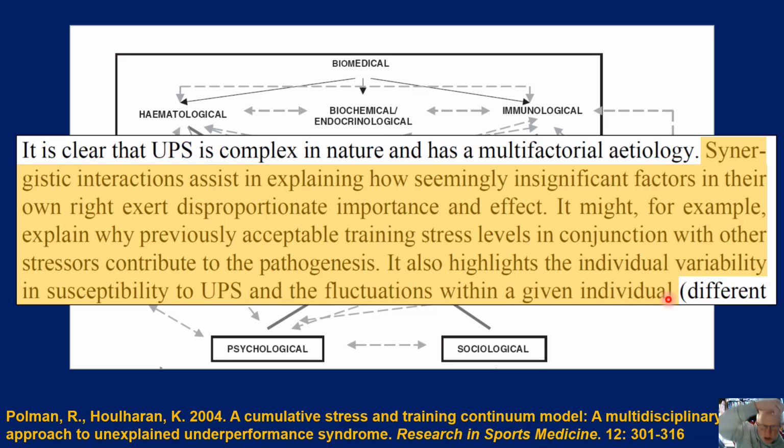In other words, one of these on its own is probably not a problem. Maybe two of these, sociological impact and maybe a psychological impact, on their own aren't a problem. But when you start to get more of these impacting, so you go to the athletes in the Olympic Village, they've got psychological stress. There's a sociological stress because you're living in a different environment.